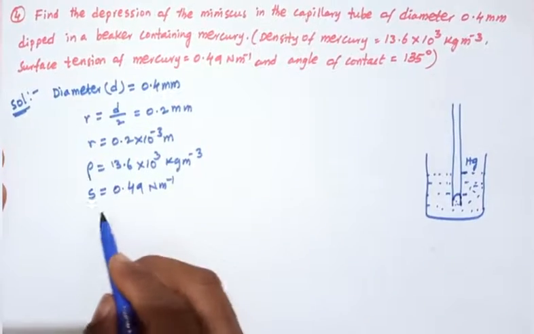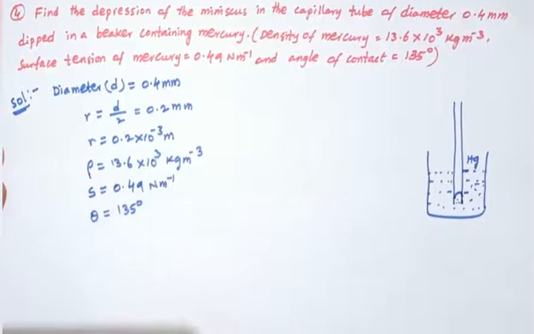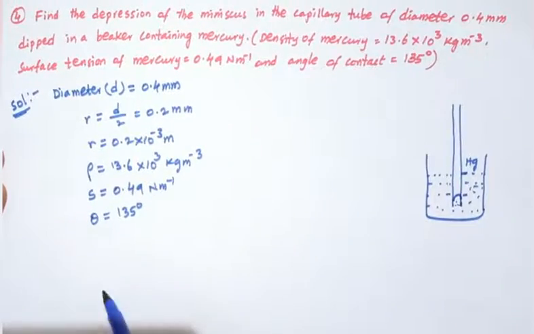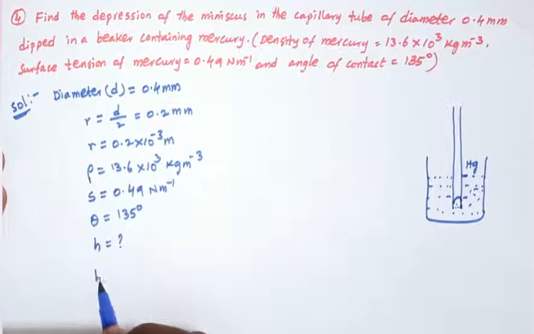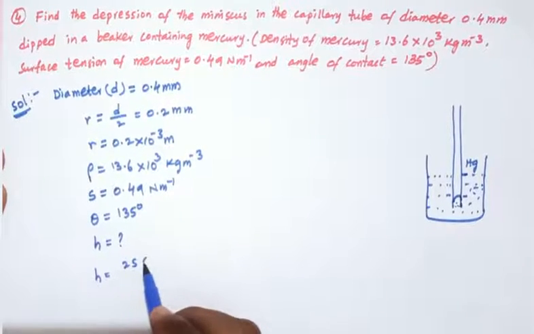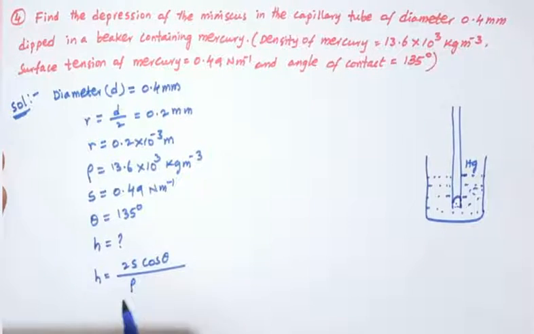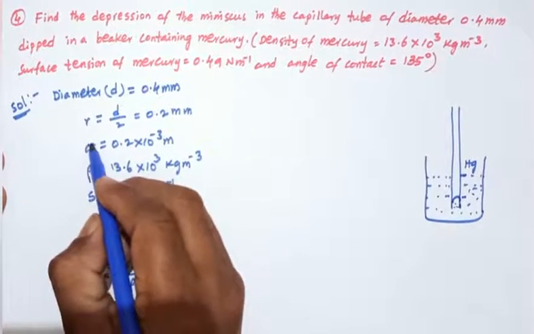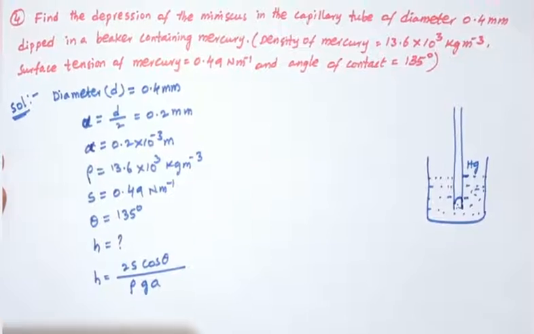The angle of contact theta equals 135 degrees. Here we can find out H. H equals the same equation, 2S cos theta divided by rho g A. Here diameter is considered A.